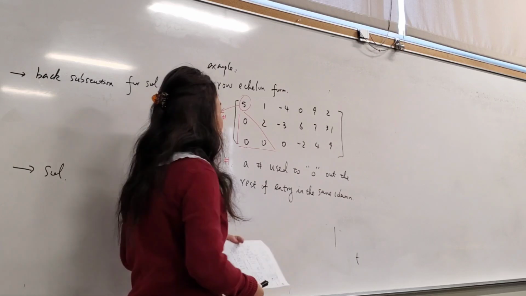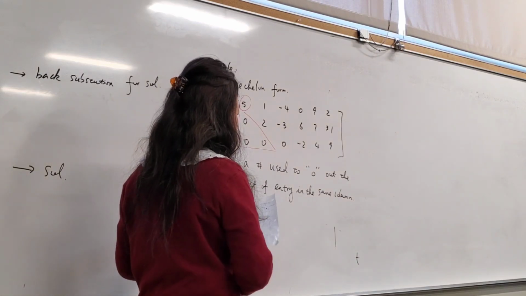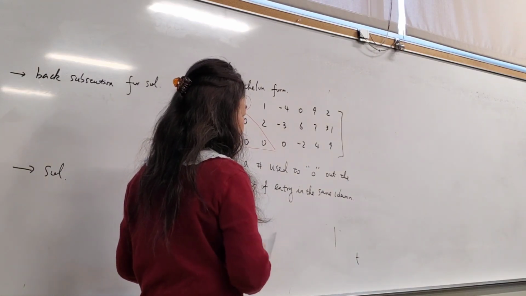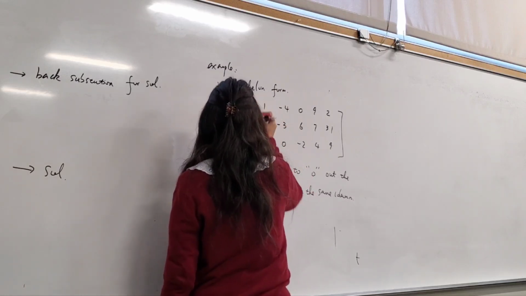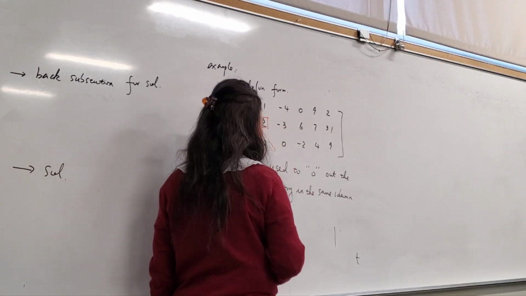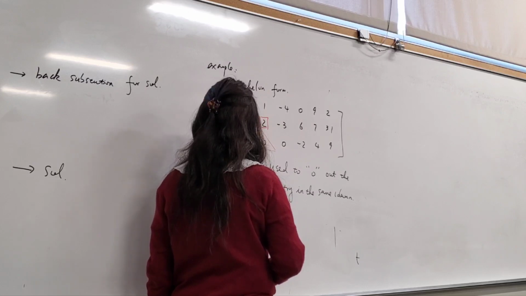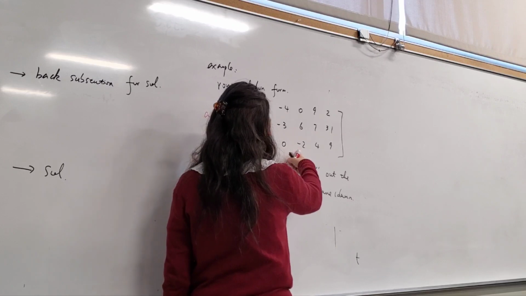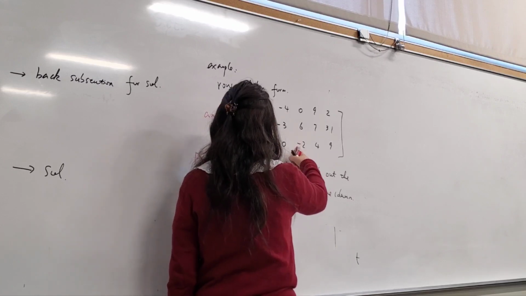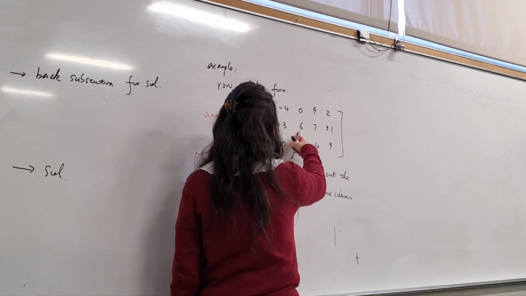Okay. Now, can you guys see any other pivot in this matrix? Any more? Negative 2 here. Why? Did the negative 2 make it 0?